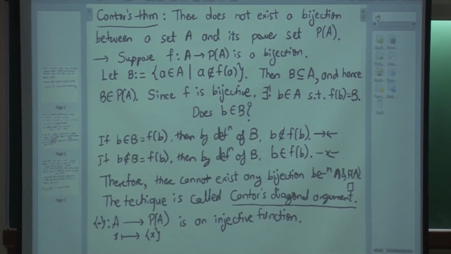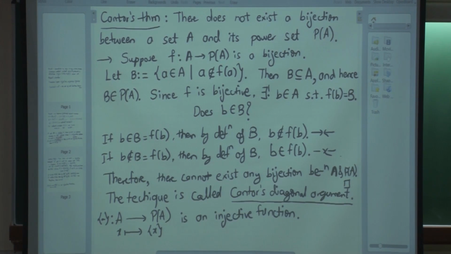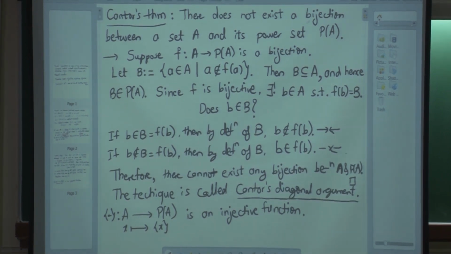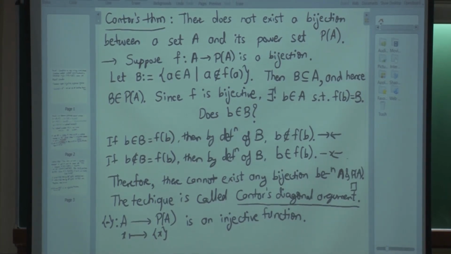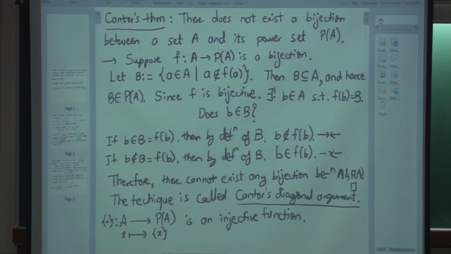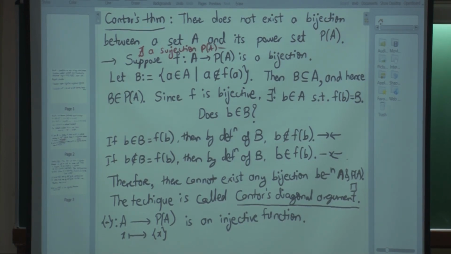Any questions about this? Why didn't we just state it for surjection? We could state it for surjection. If you want, I can just change that. Right now, I have written that there doesn't exist a bijection between a set and its power set, or equivalently, I can say that there doesn't exist a surjection from A to the power set of A. I should use a pointed eraser now.